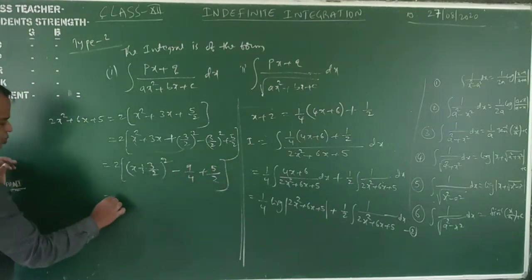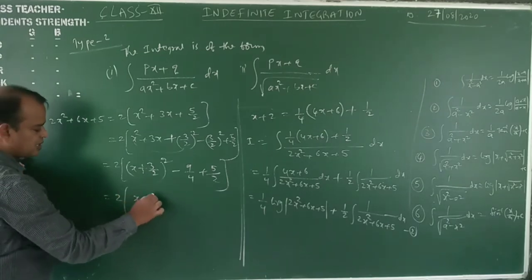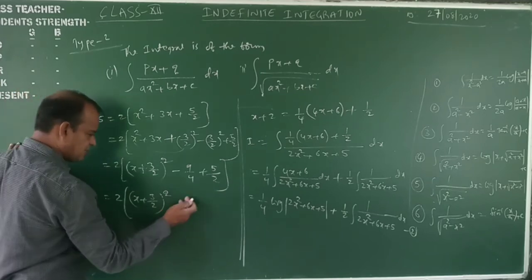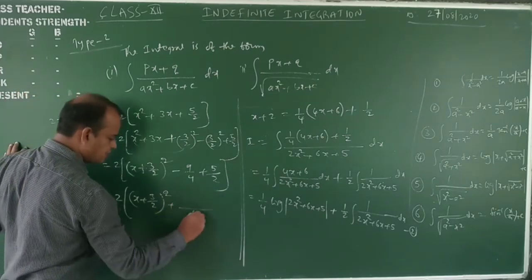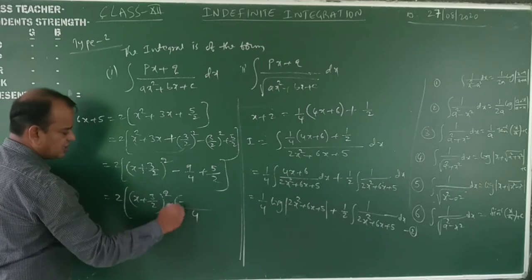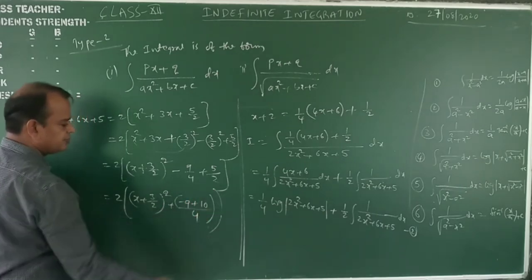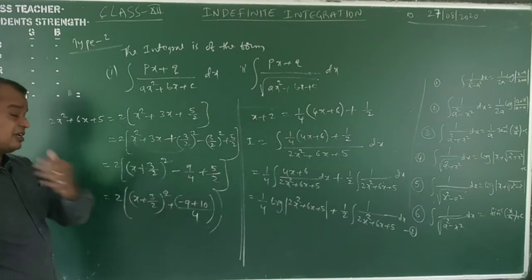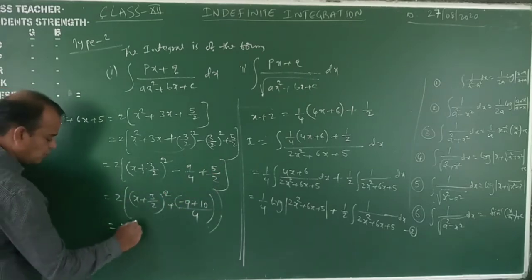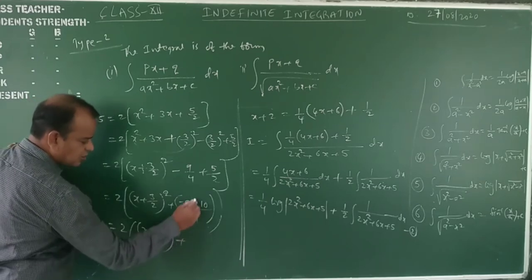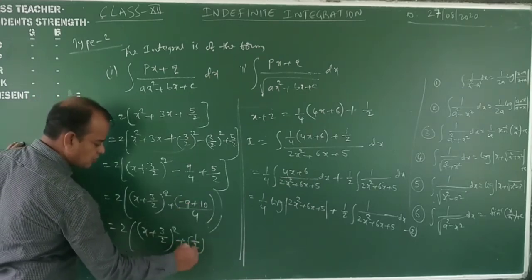The LCM is 4: minus 9 plus 10, since 2 2s are 4 and 2 5s are 10. Minus 9 plus 10 means 1. So 2 into (x plus 3 by 2 whole square plus 1 by 4), and 1 by 4 means 1 by 2 whole square.